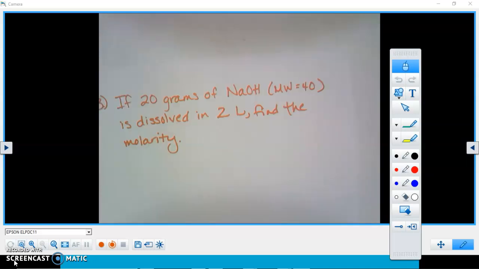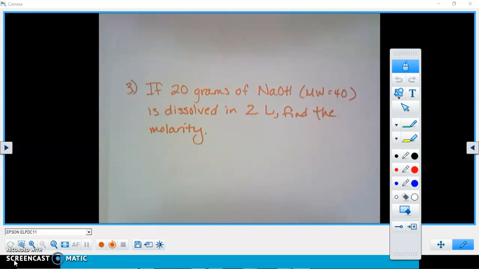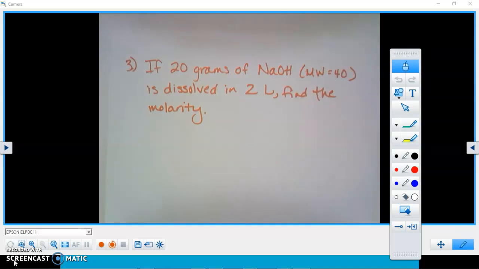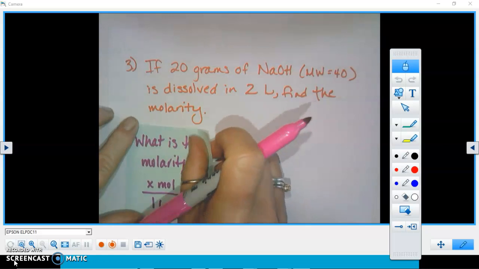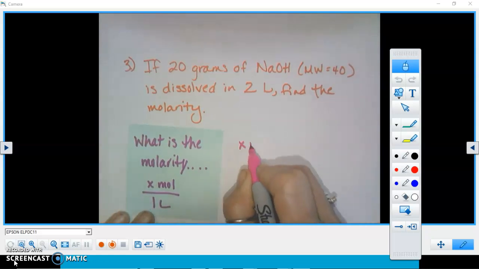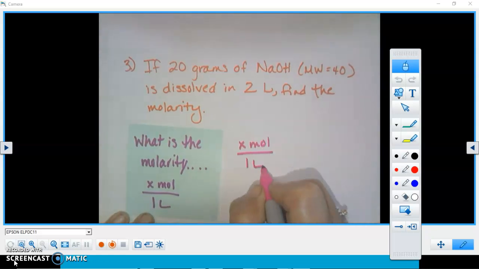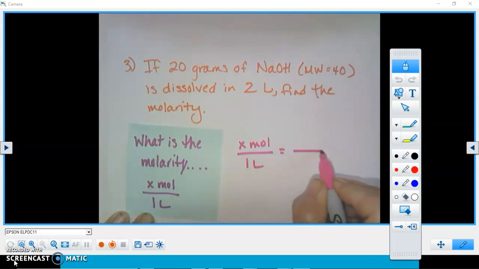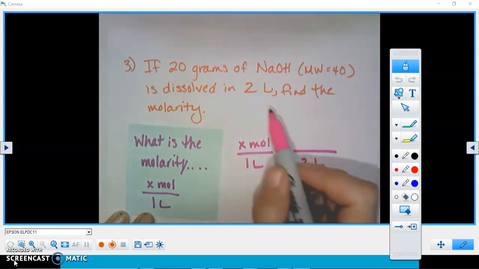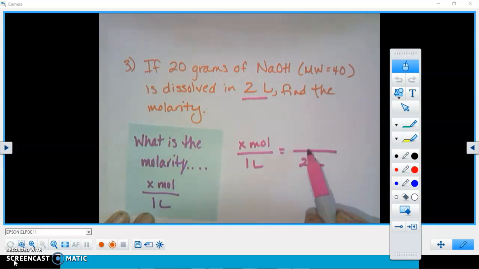Example 3 is an extra step. This time we're given 20 grams of NaOH dissolved in 2 liters. Find the molarity. But see, we're still solving for molarity, so we still want to think about that X moles per 1 liter. How many moles do we have? How many liters do we have? I can easily say there are 2 liters in the problem, but I don't want to put grams here.